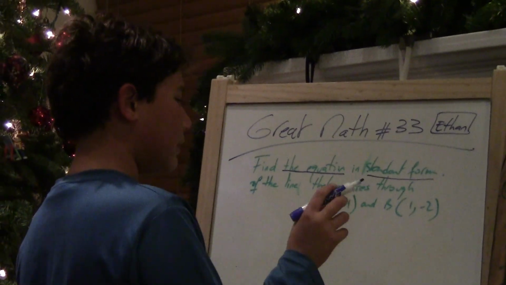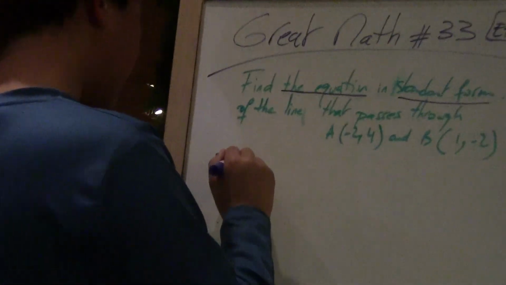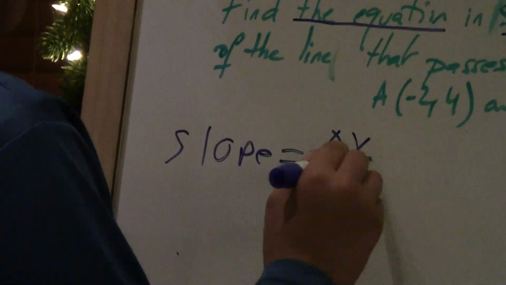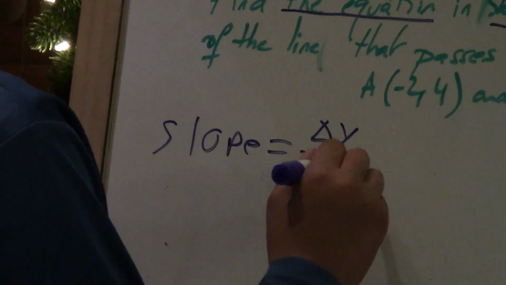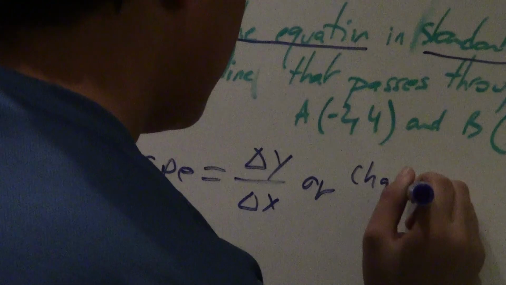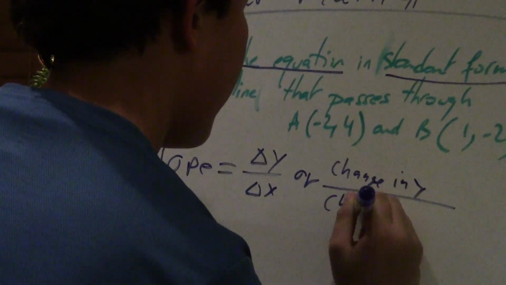And it's basically about change. So slope is equal to delta y over delta x, or change in y over change in x.